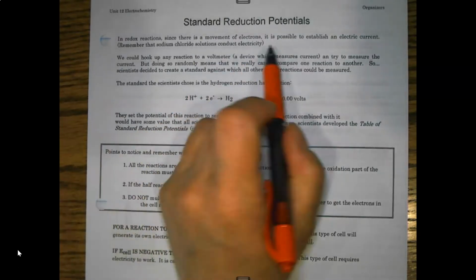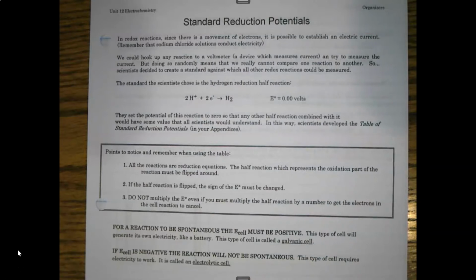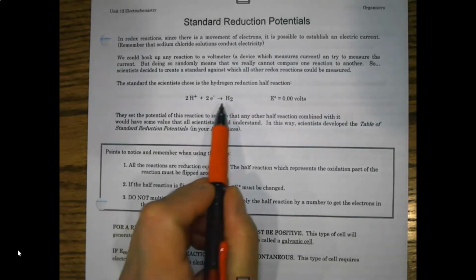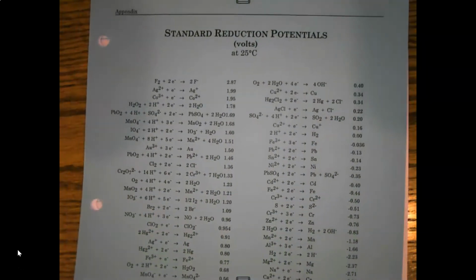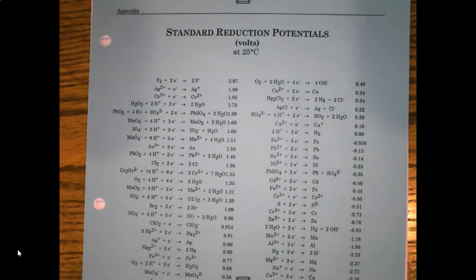So if you remember, because redox reactions involve the movement of electrons, we can generate an electron potential. Each of the half reactions that exist have the potential to generate a certain amount of energy. And so scientists have created a reduction potential table that shows you, here it is, this is Appendix 11 for you guys.